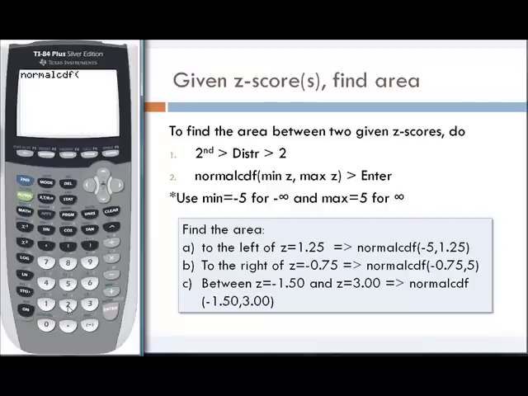And since we're going to be doing a lot of finding the left of a certain z-score or the right of a certain z-score, we will be using negative infinity and positive infinity quite a bit, because anything that's to the left would be negative infinity, comma, whatever that z-score is. And if we want to look at the area that's to the right, that would be that z-score, comma, positive infinity.